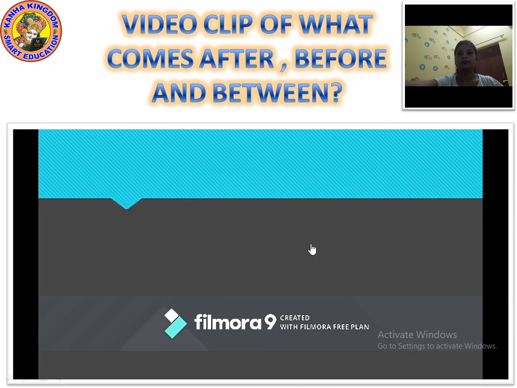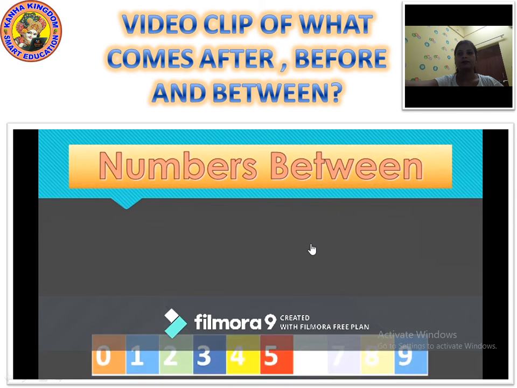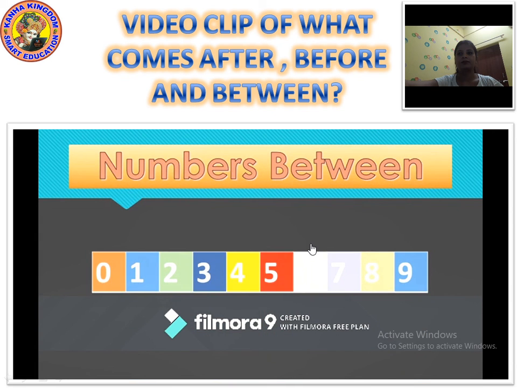Now we are going to learn about numbers between with the help of this beautiful number table. Can you see the colorful table? Every colorful box in the table has a number. You can see numbers 2 and 4 in the boxes. Which number is in between them?